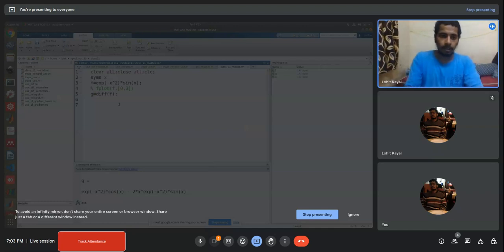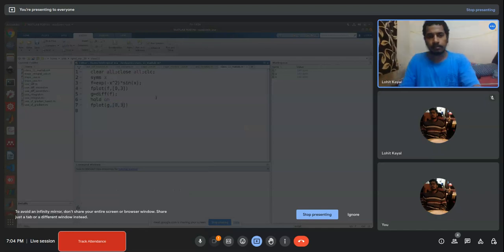Suppose g equal to diff of f. If you just run it, it will give you the functional form of the derivative: e to the power minus x square cosine of x minus 2x e to the power minus x square sine x.